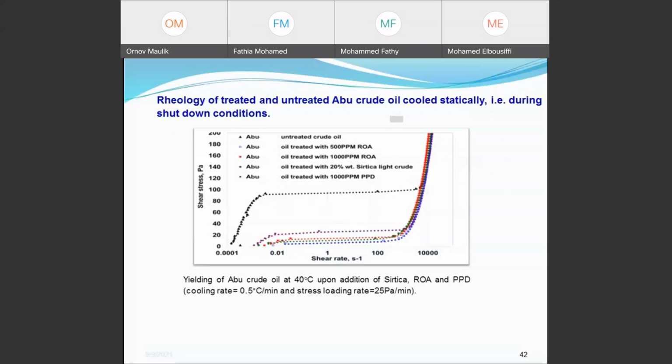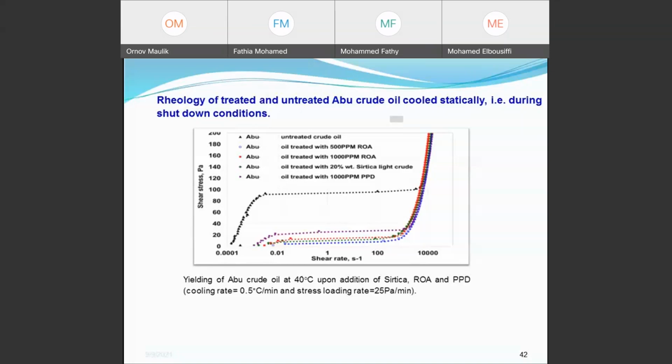So here, this figure shows the benefit of treating ABU with chemicals and blending with low wax crude oil. It can be clearly seen here. The chemicals were successful in lowering yield stress, meaning lowering the pipeline pumping pressure required to restart the flow after shutdown.